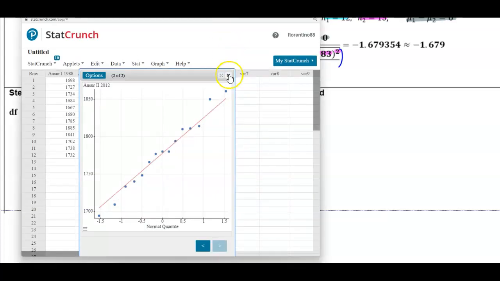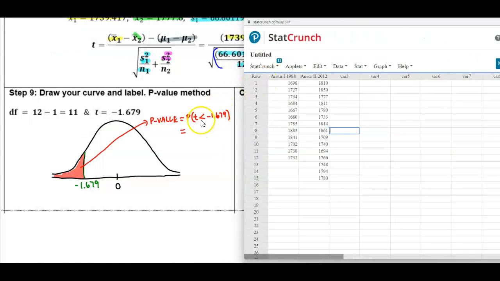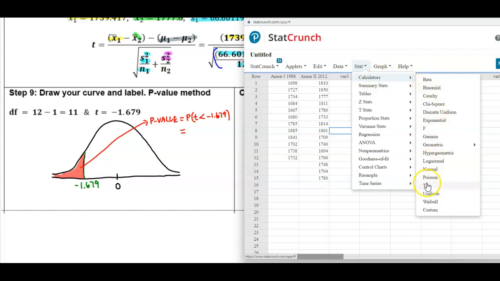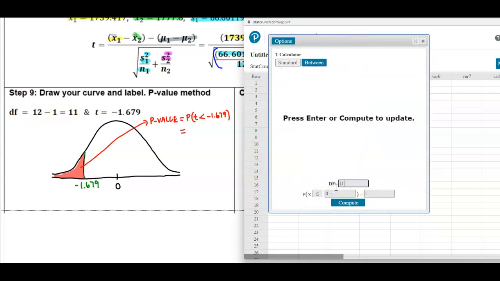So we're opening up StatCrunch. Recall that this is a t test statistic, so we go to Stat, Calculators, and scroll all the way down to t. We make sure we put in our degrees of freedom, which is 11. Then we choose less than, and put in our test statistic, negative 1.679.